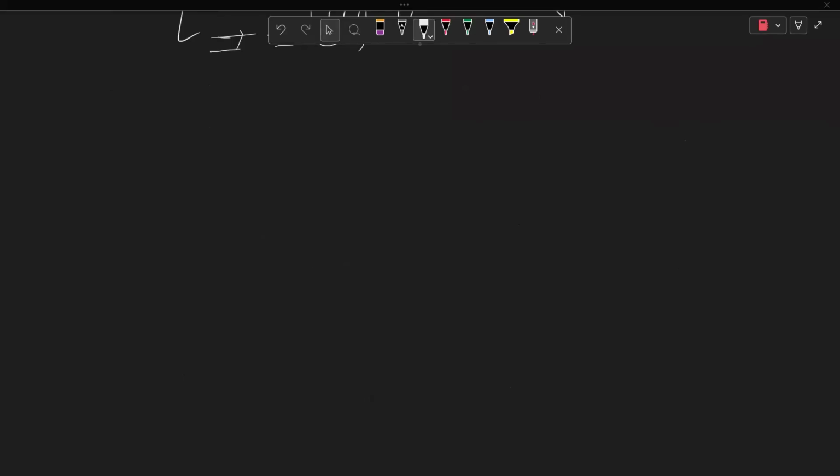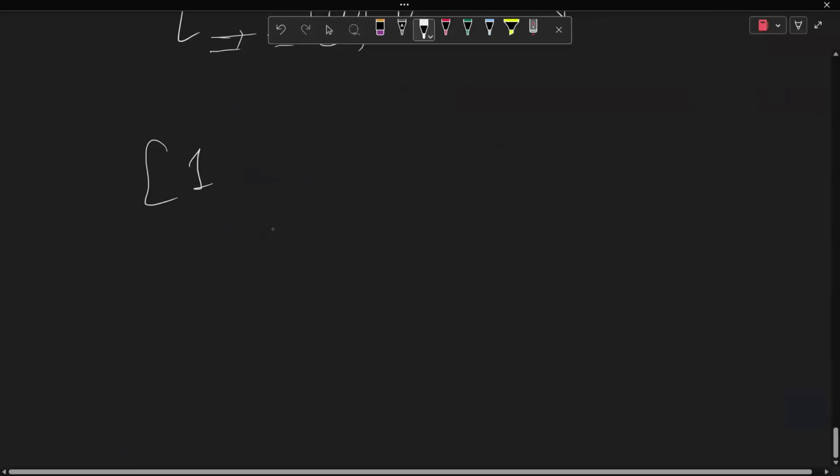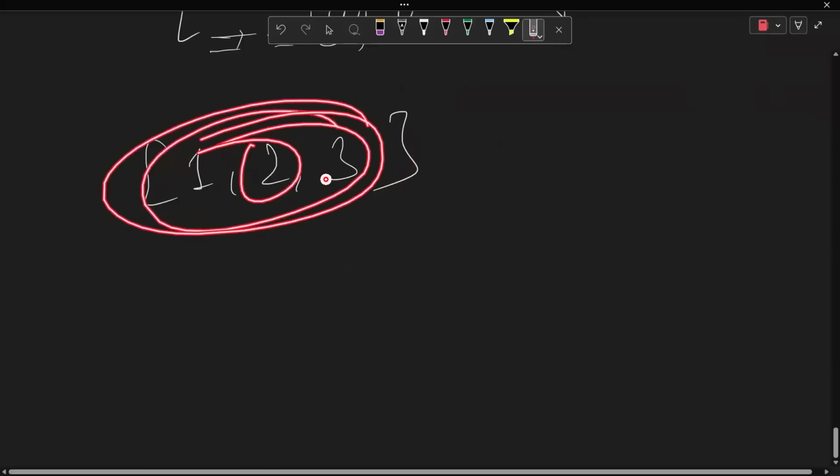Now, what you need to do is, you are given an array. Let's pick 1, 2, 3 only. Just check. First, check whether we can reduce this array to 1. Then check whether we can reduce this to 3.